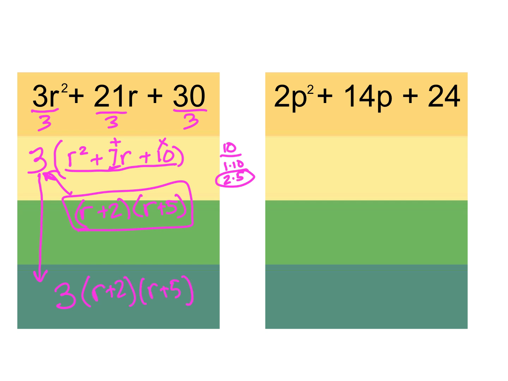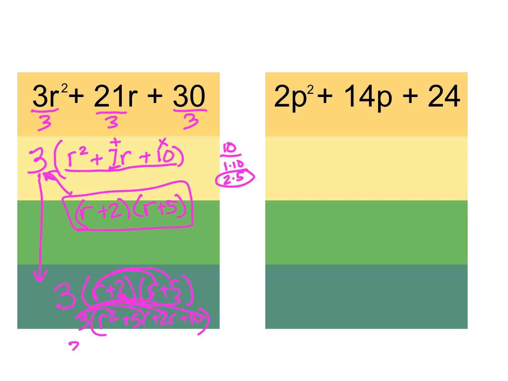And if I were to multiply this out, you could do it in any order. I'm going to FOIL it first. R times r is r squared. R times 5 is 5r. 2 times r is 2r. And 2 times 5 is 10. And then I'm going to take this 3 and multiply it across all of these terms.